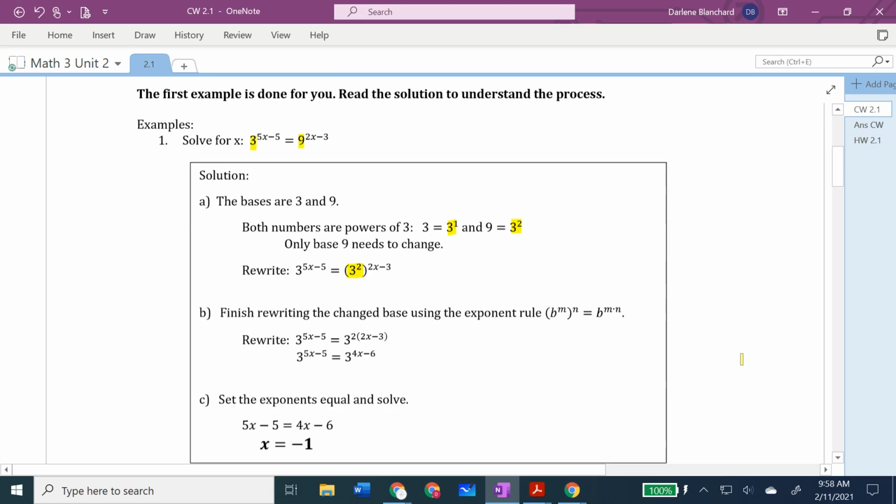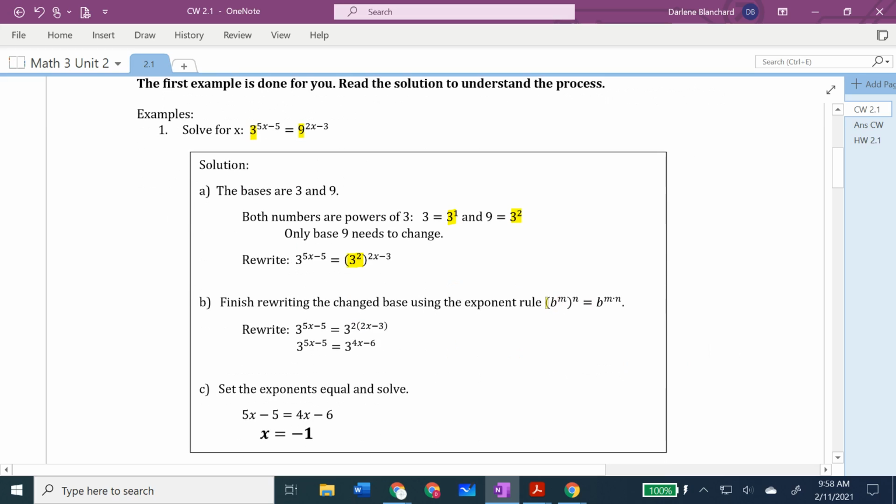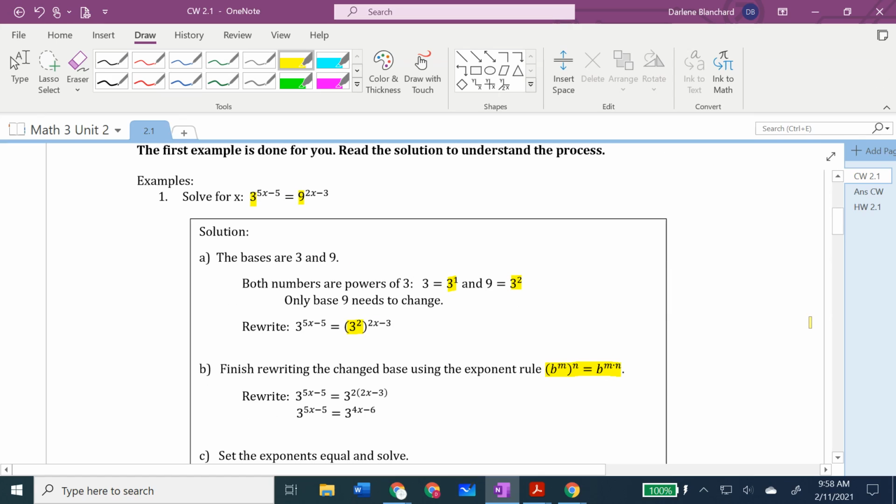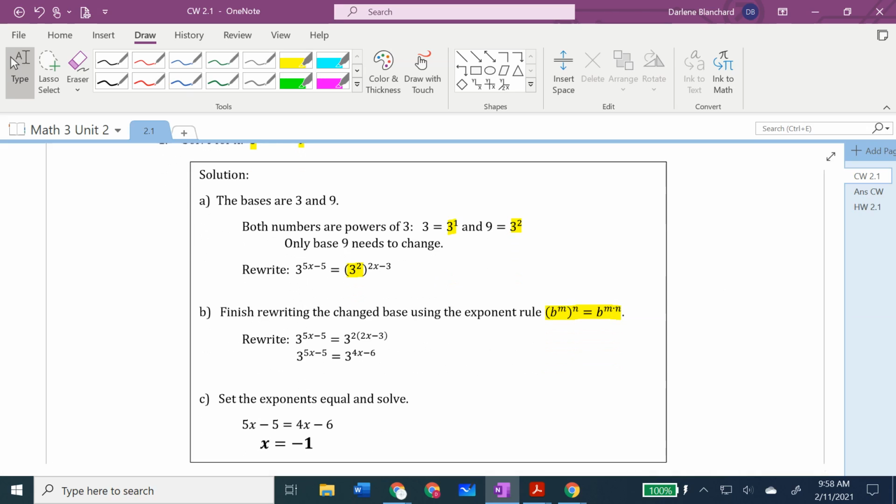The next step is using this exponent rule. If you have b to the power of m to the power of n, recall, and what I'm about to write may seem like it doesn't need to be written, but if you keep seeing the picture that I'm drawing for you over and over again, these exponent rules are going to stick better in your head.